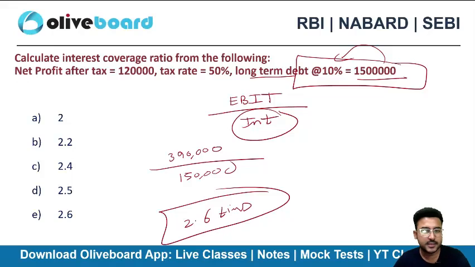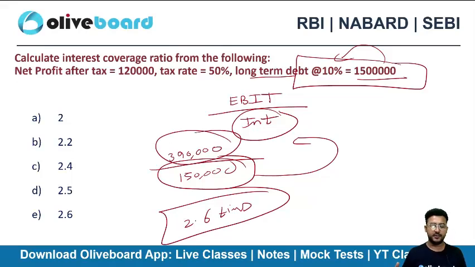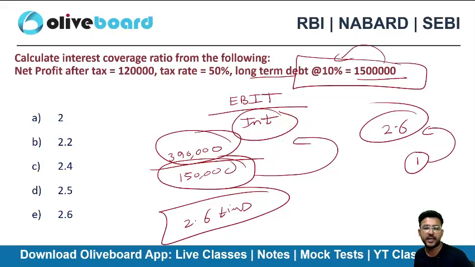That means if I have to pay 1,50,000 as interest, I do have 2.6 times more profit. So I'm in a very comfortable position. If the interest amount is 1 rupee that I need to settle, I have 2.6 rupees in my pocket as profit element. I just have to pay an interest obligation of 1 rupee. That's what interest coverage ratio is all about. I hope it's clear.